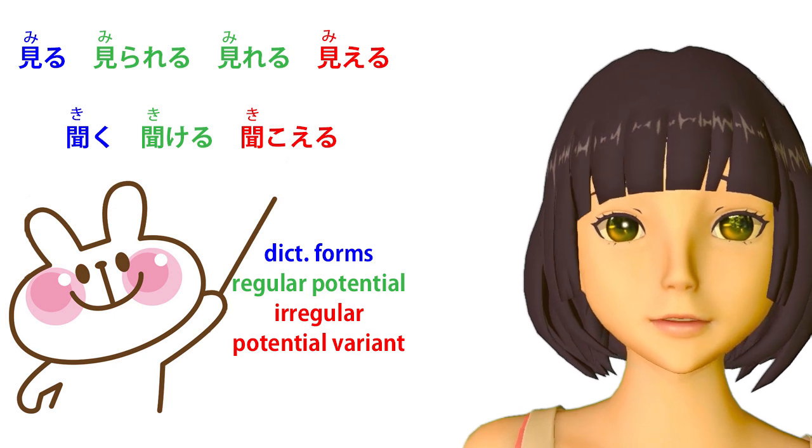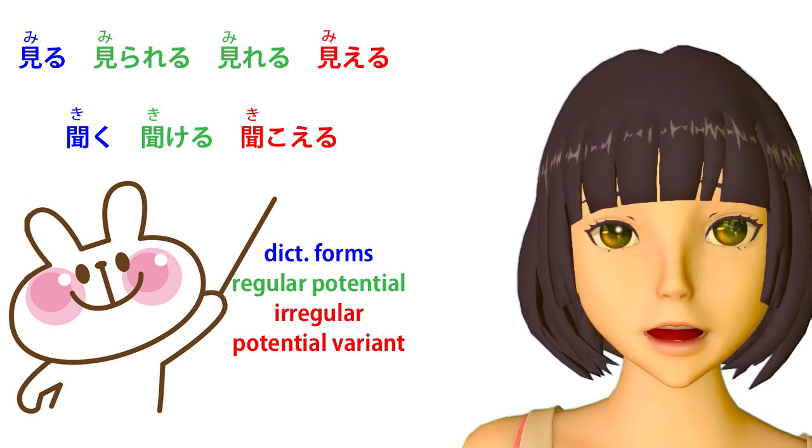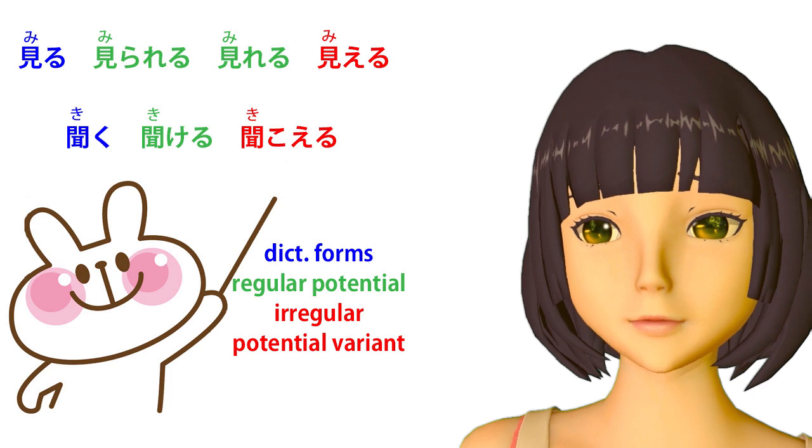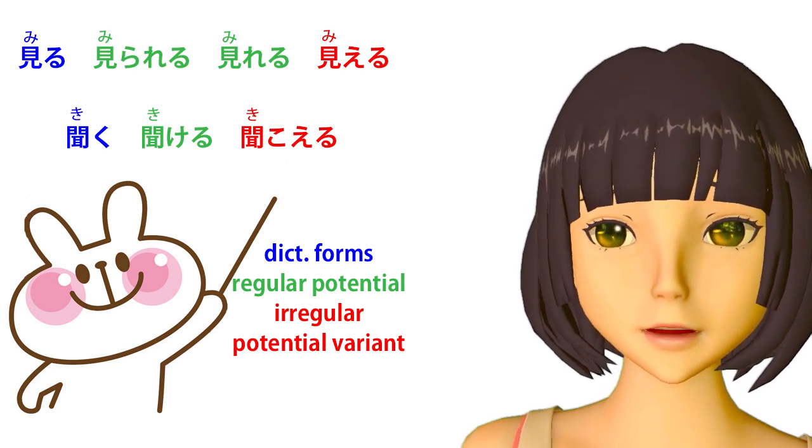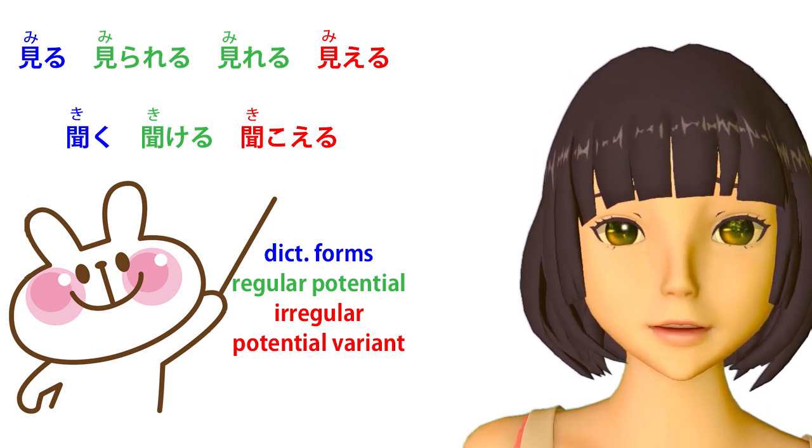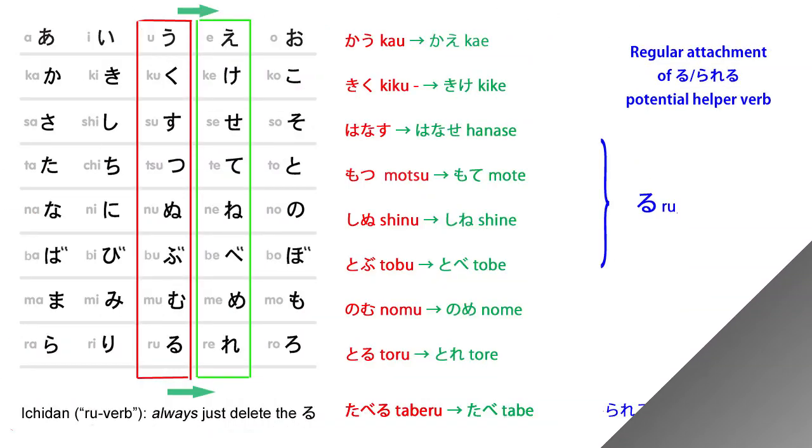So to start with, we understand how the regular potential form, the able-to-do form of verbs works, don't we? We form it simply by turning the verb into its e stem and adding the very simple potential helper verb ru, which is just one character, ru. That's the godan form, and the ichidan form.